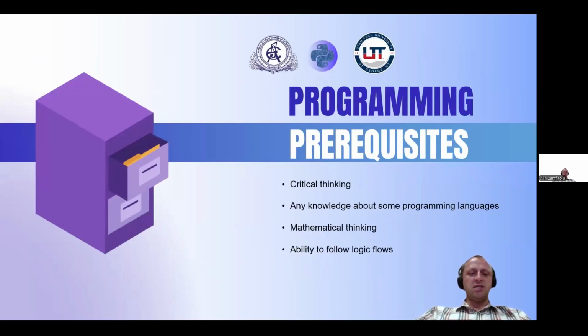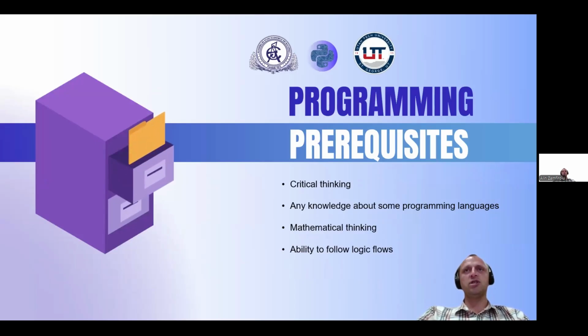What is necessary for you, as a student in this course? First of all, critical thinking. Actually, critical thinking is the most important thing for all programmers, not only for this course. If you want to become a real and very successful programmer, you should have this critical thinking to ask every time why this works this way and will not work another way.